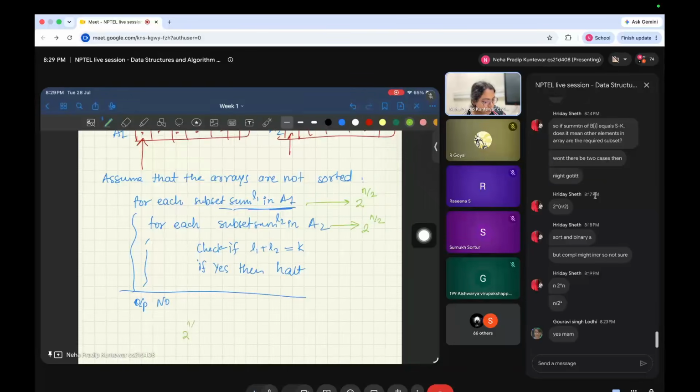So altogether this is 2 to the n by 2 times 2 to the n by 2, and let's say this is an order 1 operation. So what is this total time? This is 2 to the n. Okay, so you're not really doing much of a saving here, right?